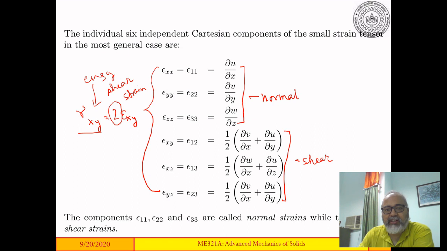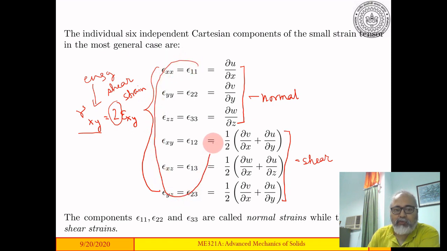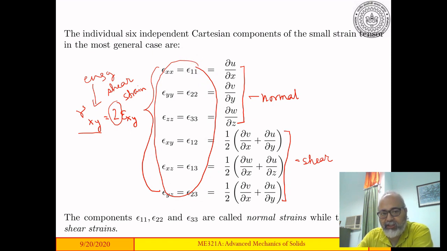If you use the engineering shear strain in place of these 3 numbers in the symmetric tensor whose Cartesian components are represented by these quantities, you are not going to get a proper transformation. That's why it's important to distinguish between the indicial shear, tensorial shear, and the engineering shear.